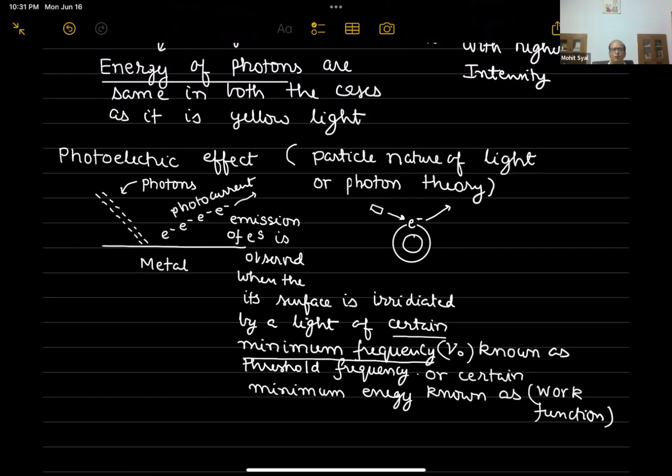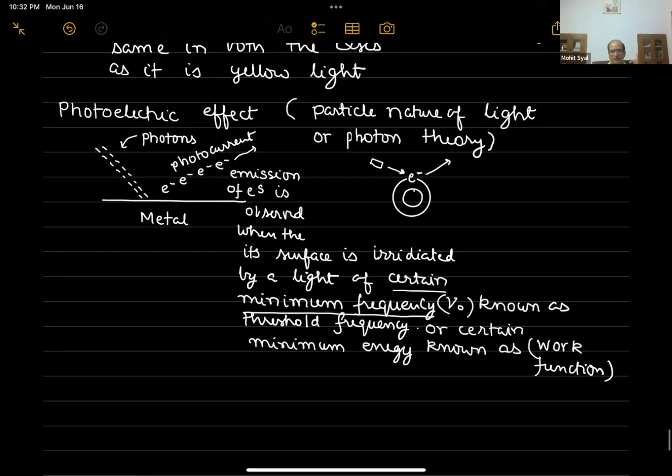Photocurrent means the current or the flow of electrons which is released when the metal is put into light, but not every light works. It should have a minimum frequency, depending upon the nature of the metal. That minimum frequency is known as threshold frequency. Got it?